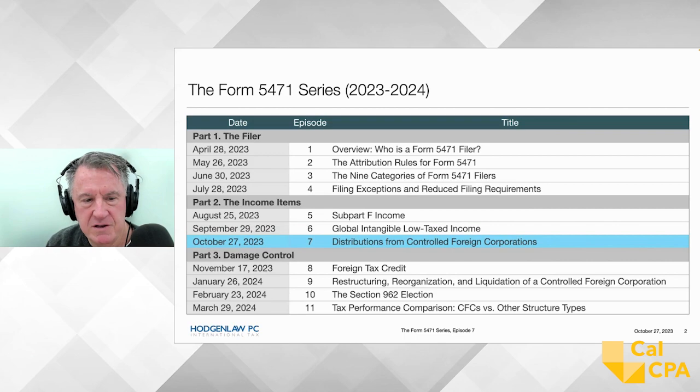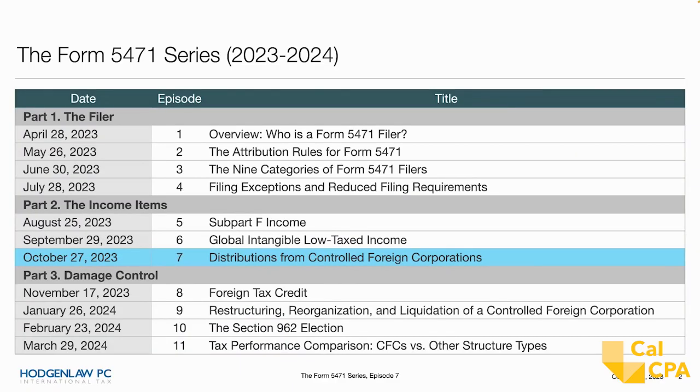This is the series, and this is where we are so far. We've already gone through the question of how you figure out if you have a taxpayer who is a client, who is a filer of Form 5471 and what category and all that stuff. This is the third in the 3 episodes about income that will come out of a controlled foreign corporation to a U.S. shareholder.